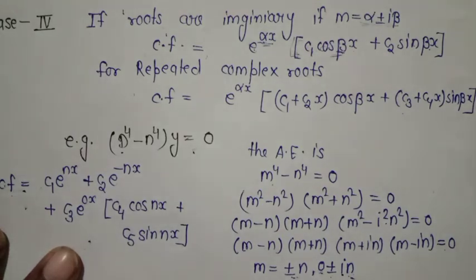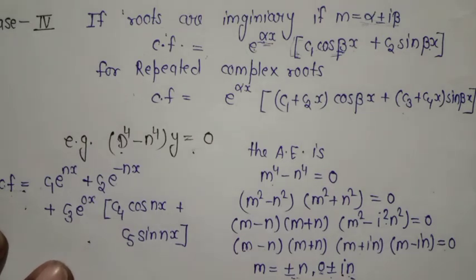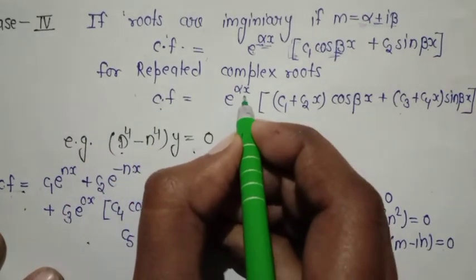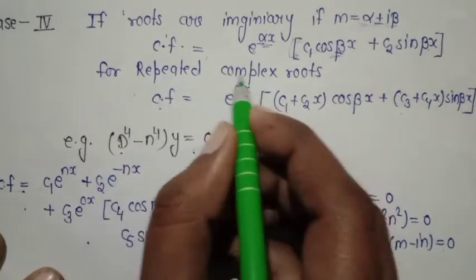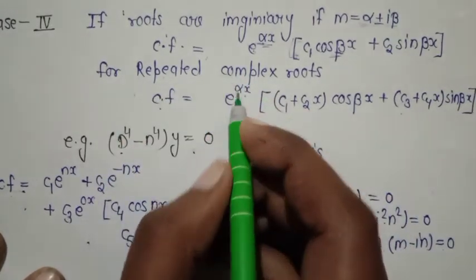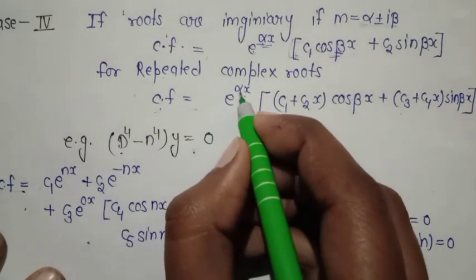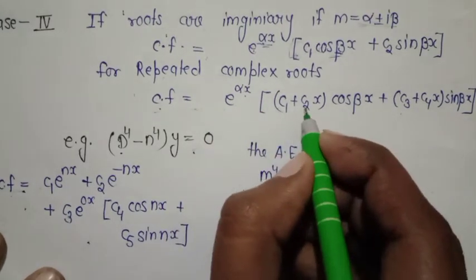Now suppose you have an equation in which you are getting repeated complex roots. Then how to find the CF in that case? I will tell you this method in this case. Okay. So CF is equal to e raised to power alpha x. In this case, when you are getting repeated complex roots, in that case you can find the CF with this method, e raised to power alpha x C1 plus C2x.